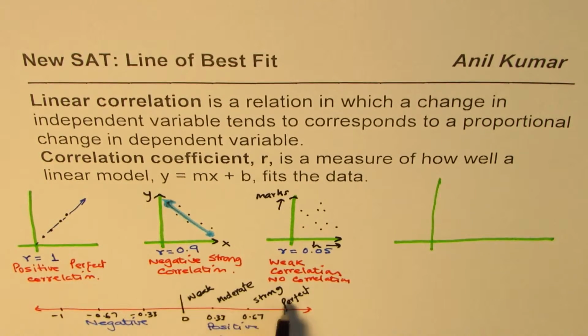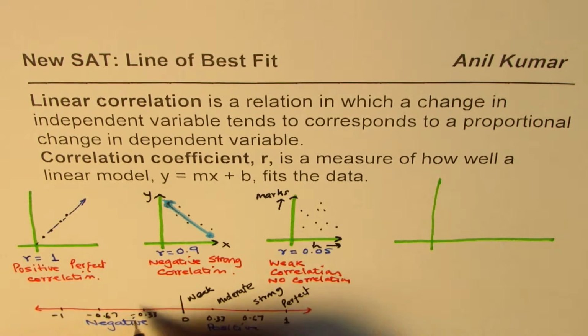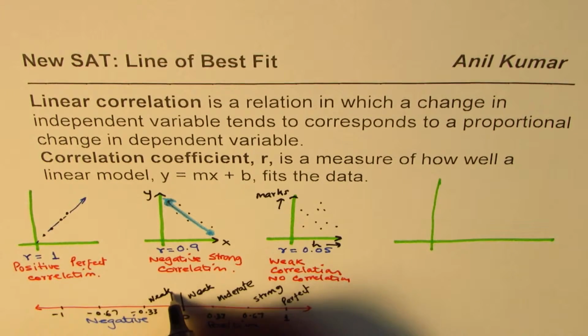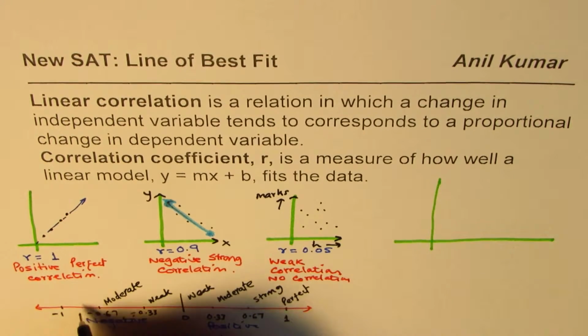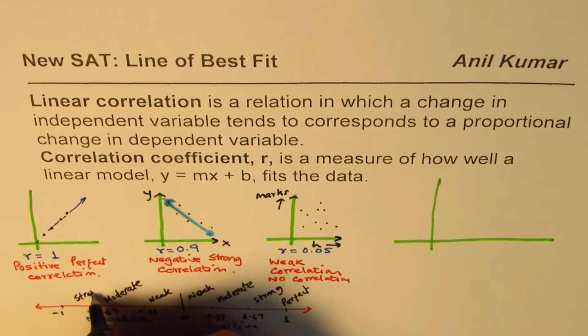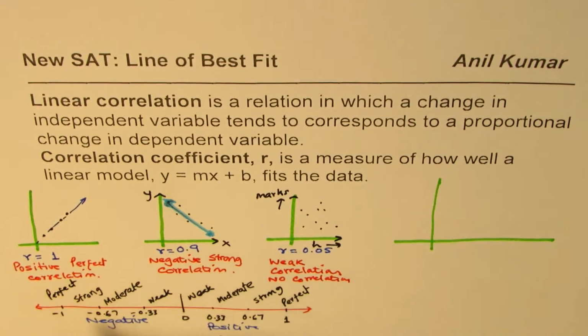So the terms are the same, right? So if it is between 0 to -0.33, this interval will be treated as weak. And here we'll call it moderate, but negative. This one is strong. And that is perfect.